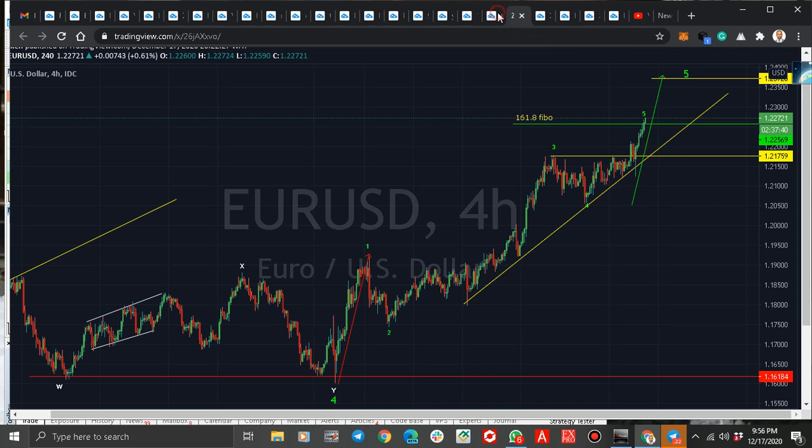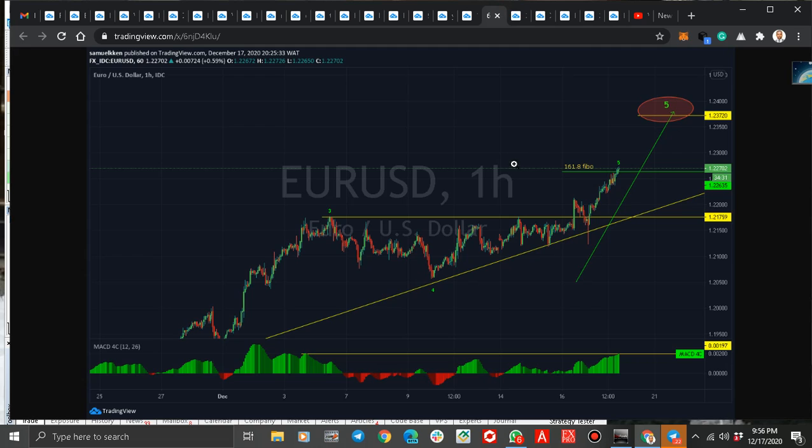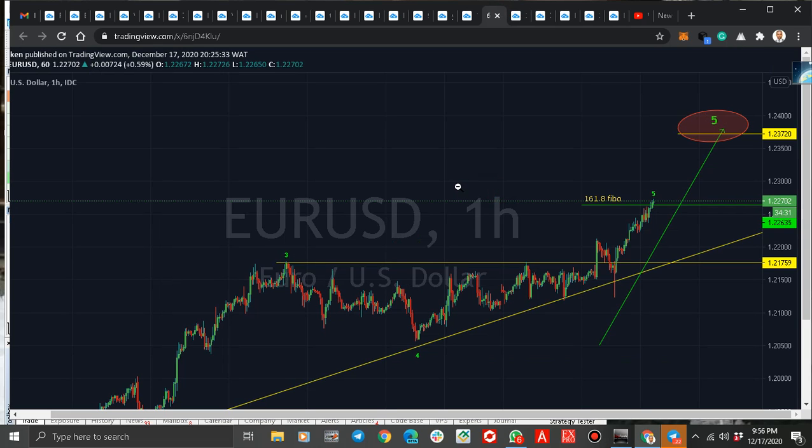Okay. 1 hour. There's nothing to show on 1 hour. 4 hours and 1 hour are always the same thing. We might see a 3-wave pullback, A, B, C, towards this trend line.